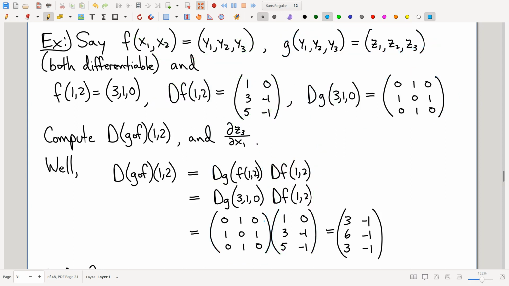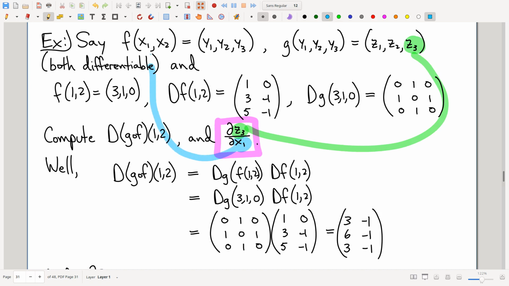All right. Okay, now we've done half the question. The question was to find the derivative matrix. There it is. The next part of the question, though, is to find this partial. Notice that it is a partial of one of the output variables, z3, with respect to one of the initial input variables, x1.